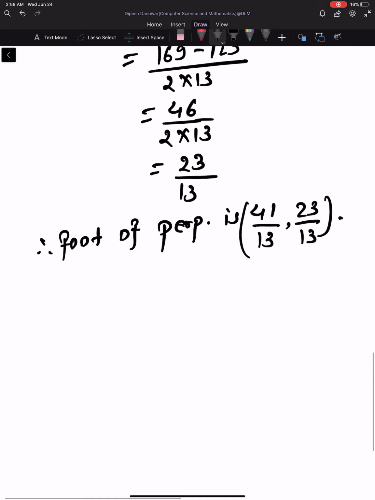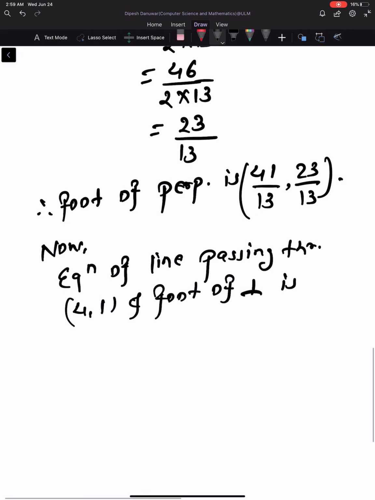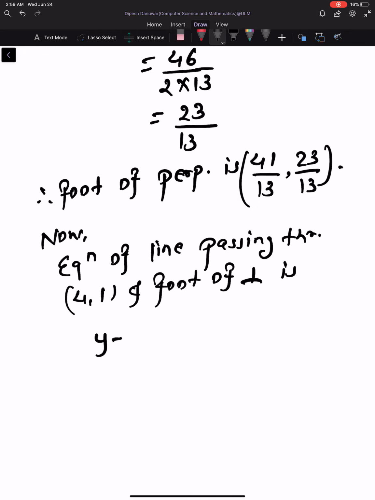So now you have to find the equation of the line passing through (4, 1) and the foot. The equation of the line passing through (4, 1) and the foot of the perpendicular is y minus y1 is equal to (y2 minus y1) divided by (x2 minus x1) times (x minus x1). Let's consider the foot of the perpendicular as (x2, y2).